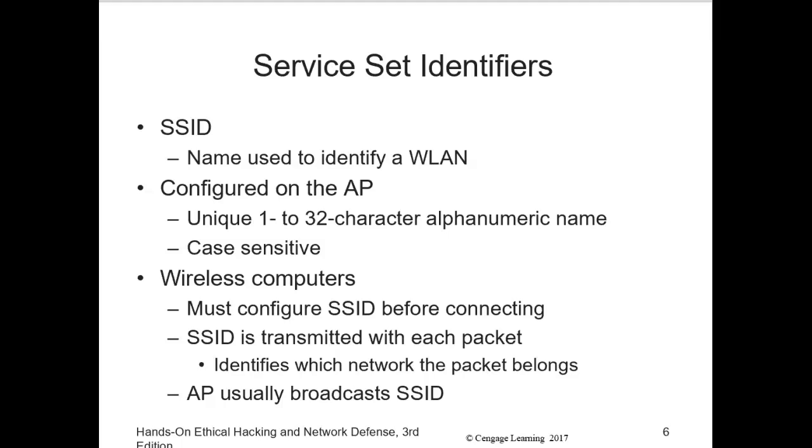Wireless enabled computers have to be configured with the same SSID as the access point. So the AP actually beacons out, or broadcasts, the SSID so that any user in the area who has a WNIC, that wireless NIC card, can see it.